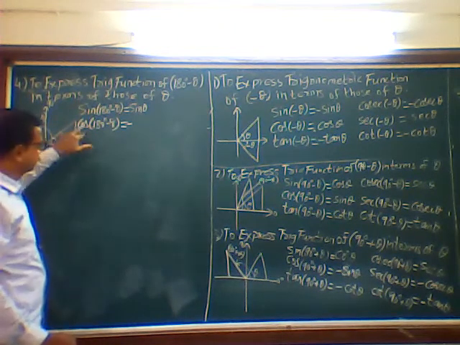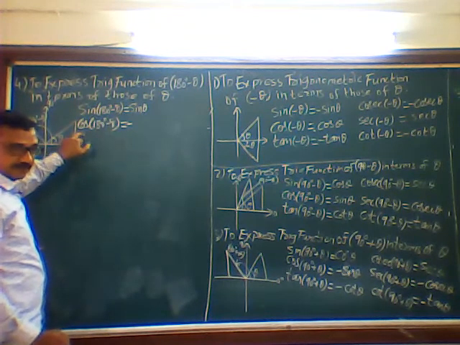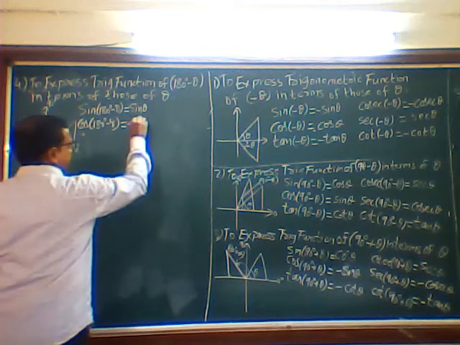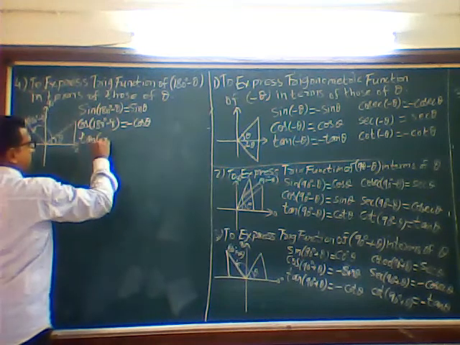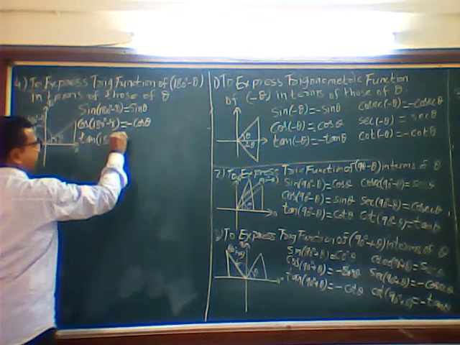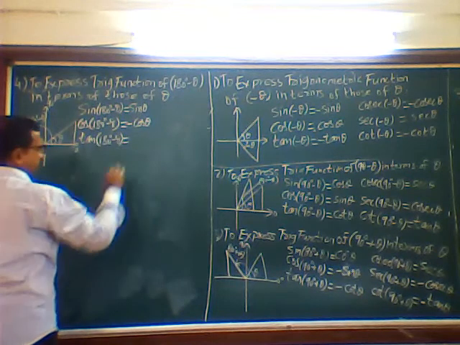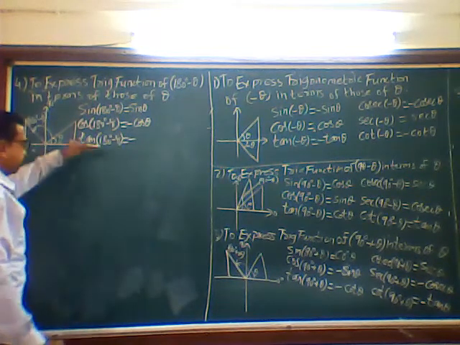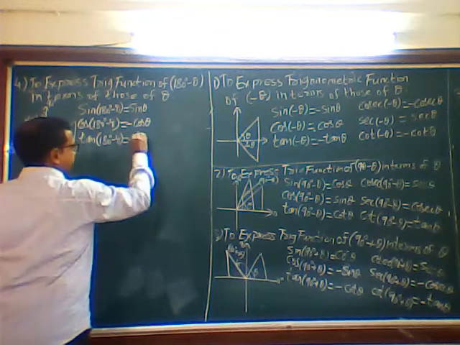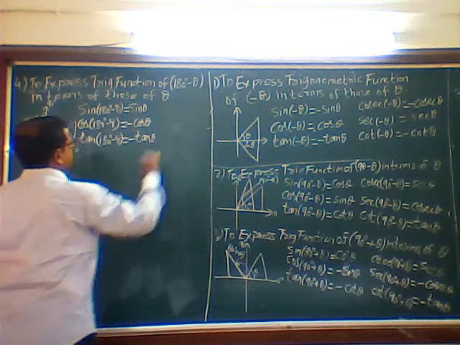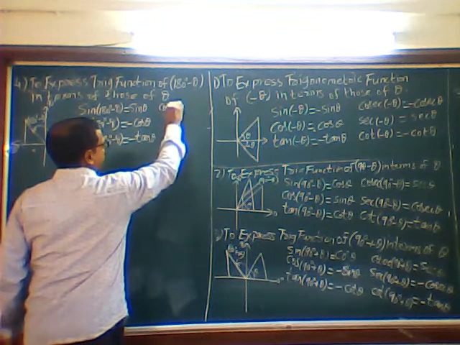What is that ratio? Cos. It remains the same. It will be minus cos theta. Next, tan of 180 minus theta. Again, in second quadrant, tan is negative. Since the angle is 180 degree lying on the x-axis, the ratio remains the same. Minus tan theta.